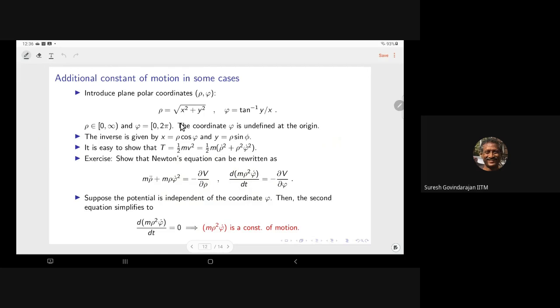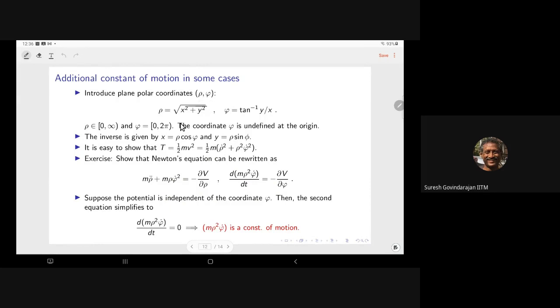Now when you go to higher dimensions, we just took some arbitrary potential and I said there is only one constant of motion, but it is possible to have additional constants of motion. So let me introduce plane polar coordinates, a standard thing.